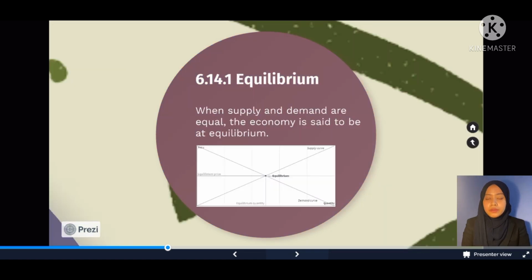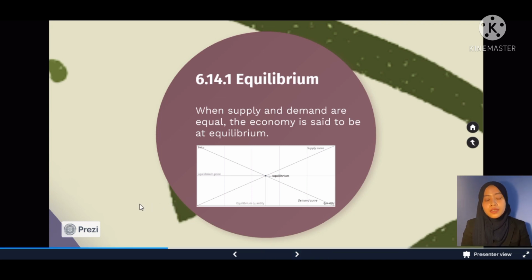When supply and demand are equal, the economy is said to be at equilibrium. With an upward sloping supply curve and a downward sloping demand curve, it is easy to visualize that at some point the two will intersect.